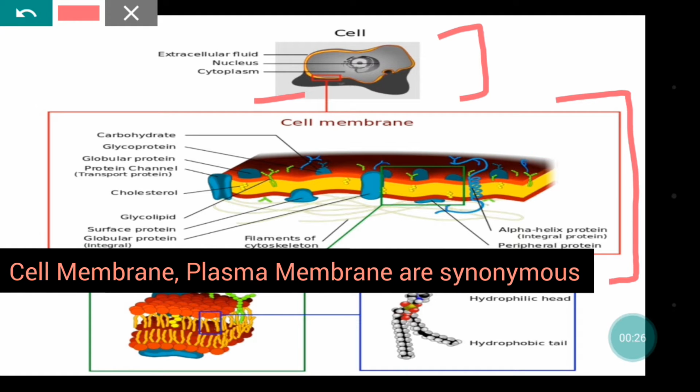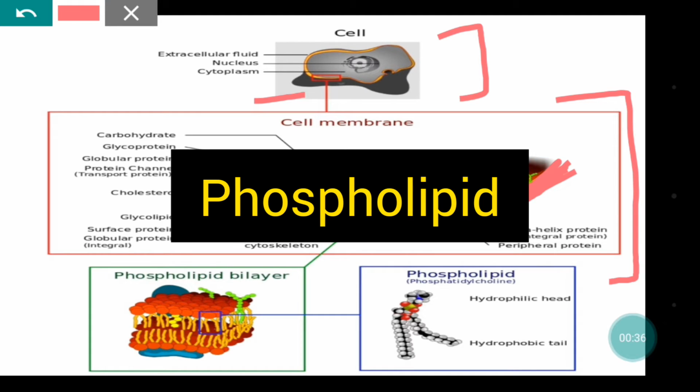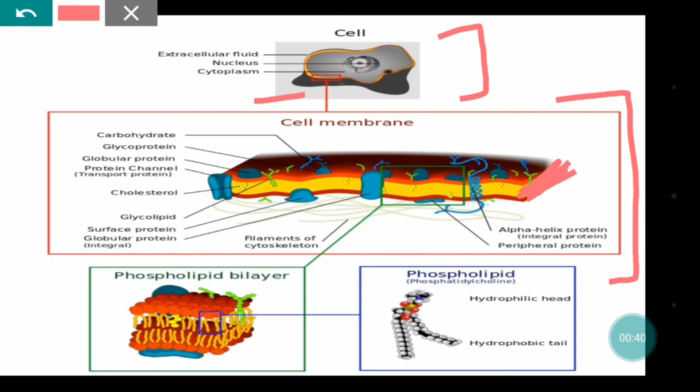So first of all, this yellow colored portion is made up of phospholipid. This phospholipid is arranged into two layers. That's why it is called the phospholipid bilayer.